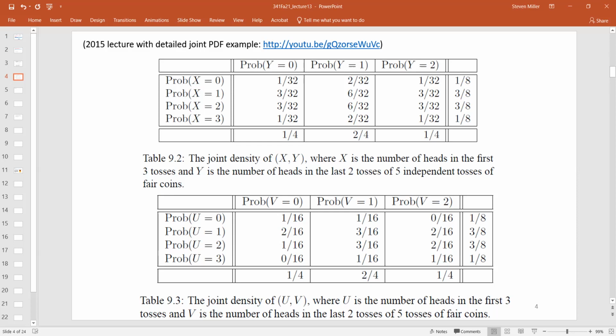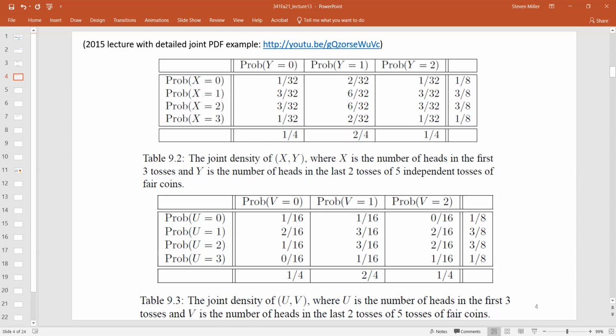So I look at x equals 0 and y equals 0, x equals 1, y equals 0, x equals 2, y equals 0, x equals 3, y equals 0. So I get 1/4. And if it's independent, then the probability that y equals 0 times the probability that x equals 0 should be the probability that x equals 0, y equals 0. And we see for the first one that it does match.